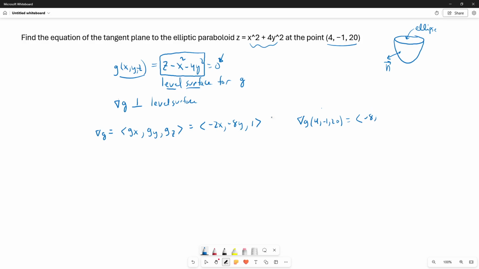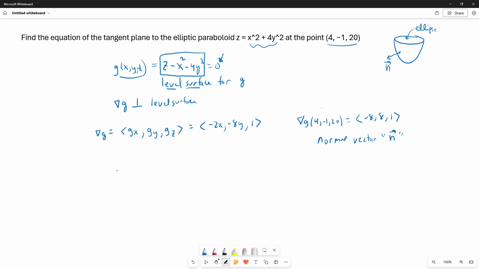Plug in negative 1 here, and you get positive 8, and that's just the constant 1. So this is going to be our normal vector to the plane, which we usually call n when we're finding equations of planes.